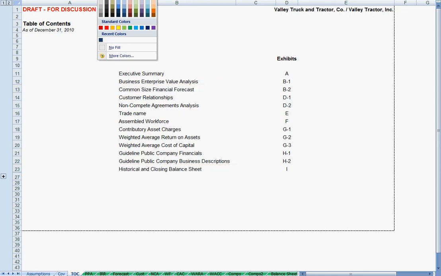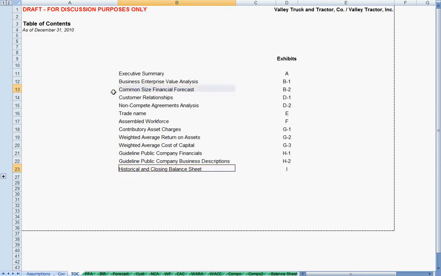The next step is to compile the market information, and market information is really concentrated in these three tabs.